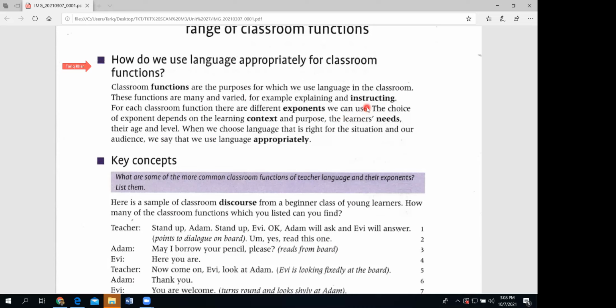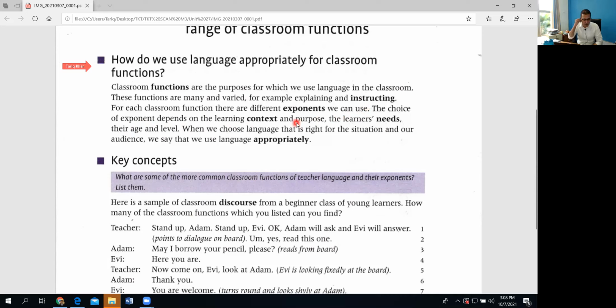Remind yourself the topic of function, unit 4, we discussed the exponents. The choice of exponent depends on the learning context and purpose.